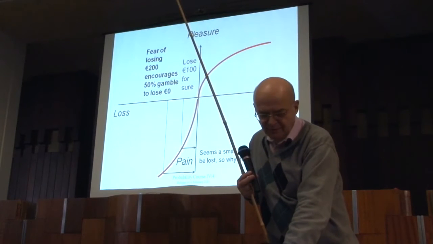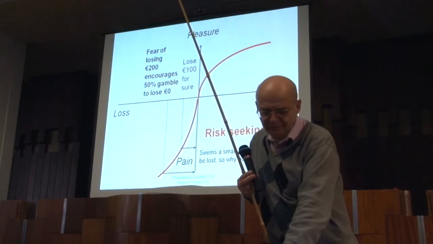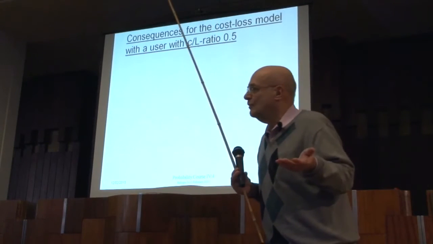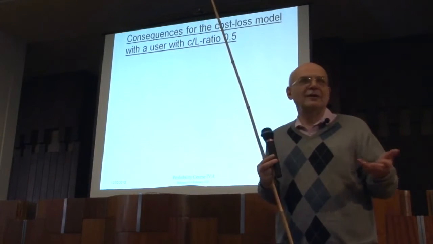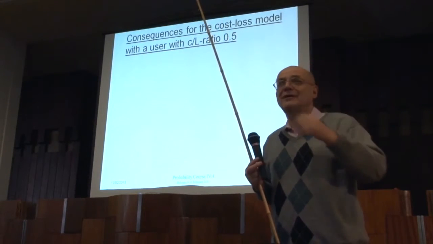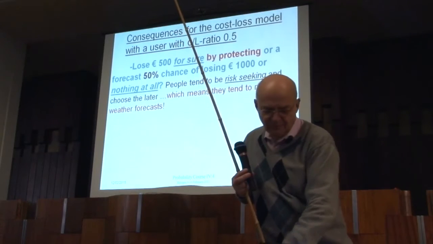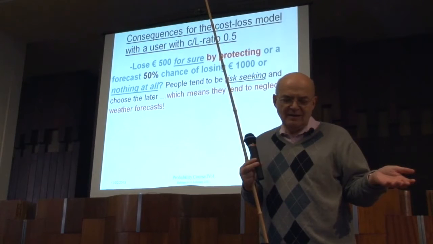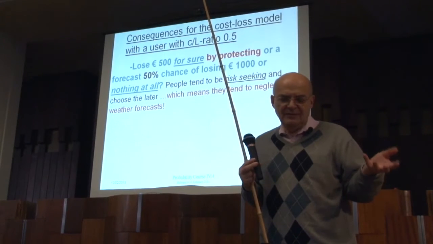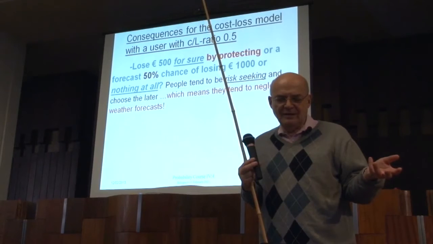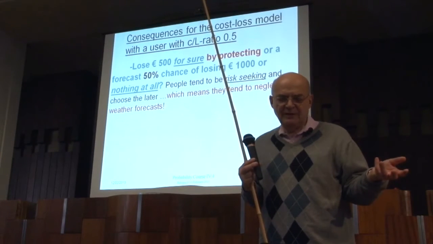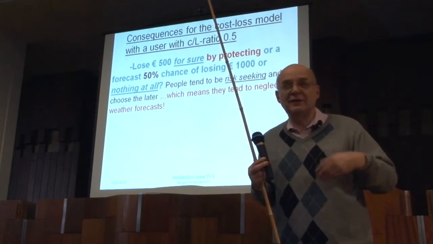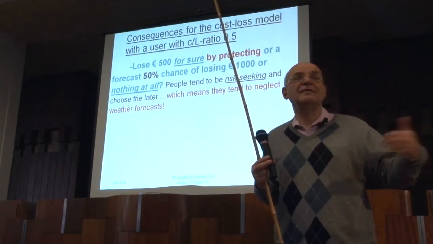Then I tried yesterday, after a beer, to work out what the consequences are for the cost-loss model in the meteorological world. And I'm not sure I found the right answer, because I had taken a beer and I was tired, so I invite you to have opinions. But I think that this means people on the 50%, if they protect, they lose something for sure, because they pay something to be protected, and they will lose that money.